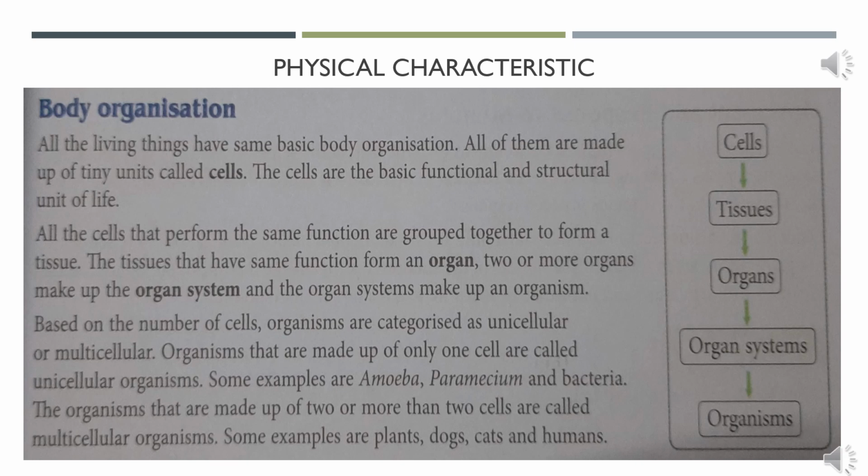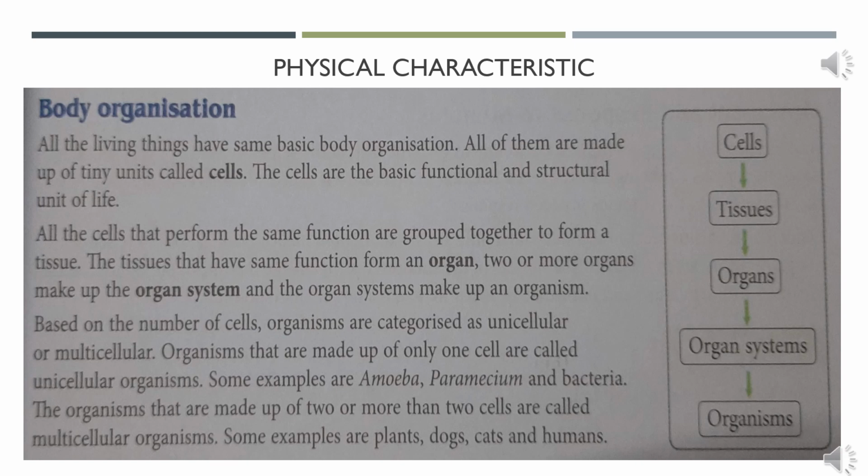These are also known as microorganisms. So when we are talking about single cell organisms, they are categorized under microorganisms, and they simply mean organisms which are made up of only a single cell. So amoeba, paramecium, and bacteria are the examples of these.